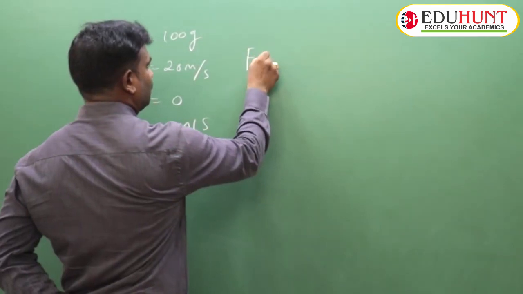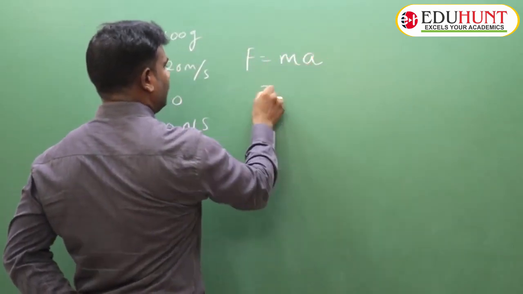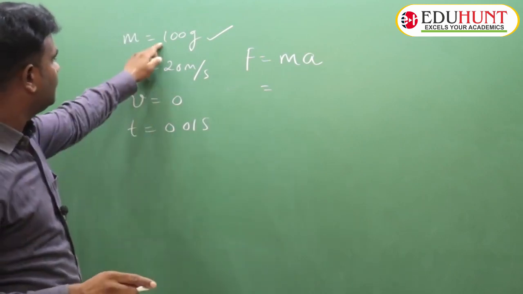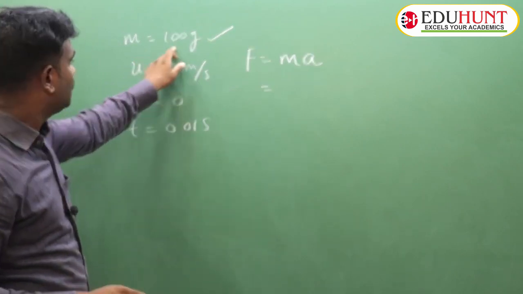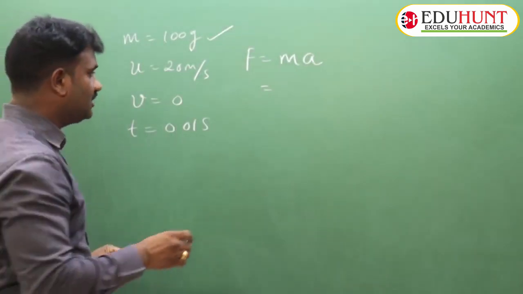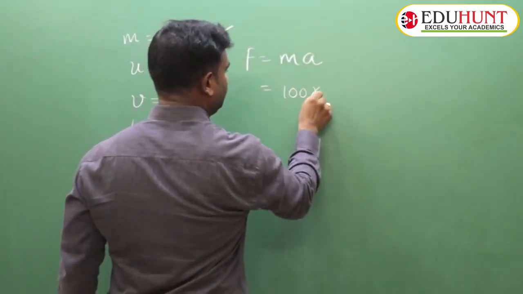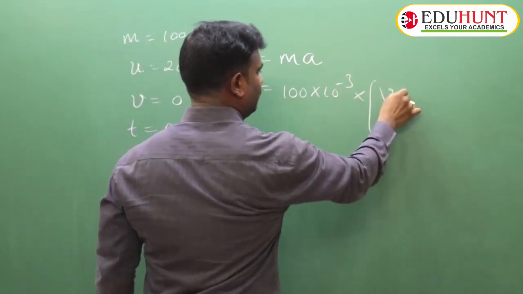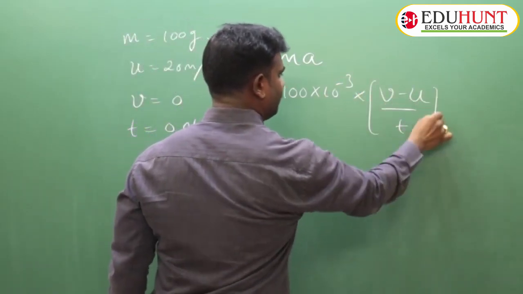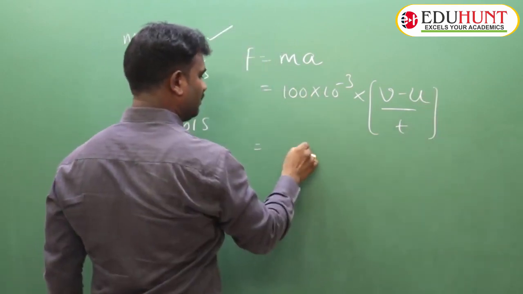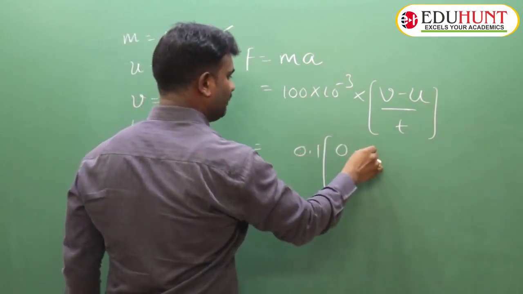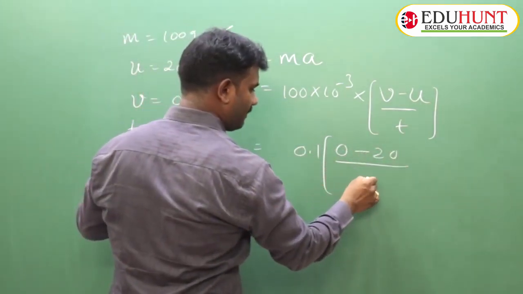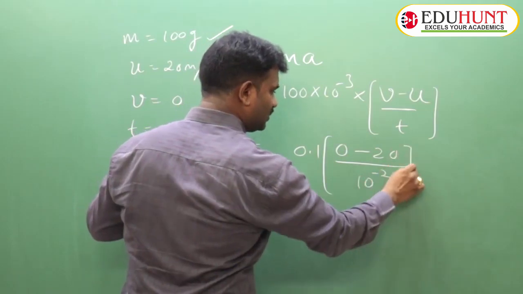So we know that F is equal to m into a, where m is given as 100 grams. See, these are in SI system, this is in CGS system. So convert this 100 grams into kg. So it is 100 into 10 to the minus 3 kg into acceleration, which means v minus u by t, equal to 0.1 into (0 minus u is 20) within a time of 0.01, which means 10 to the power of minus 2.